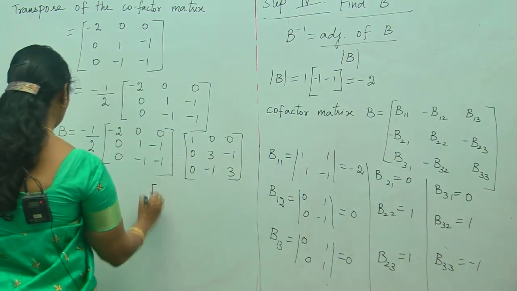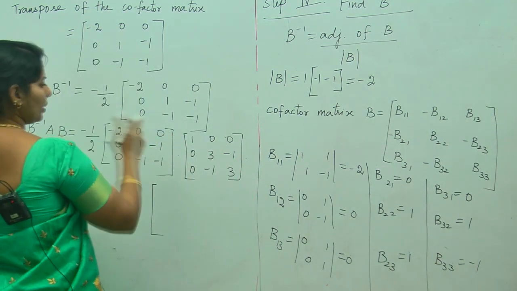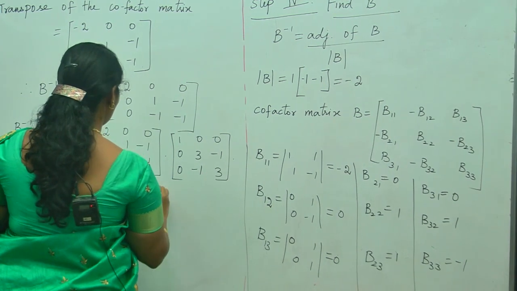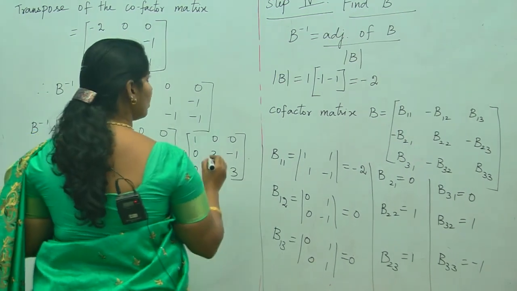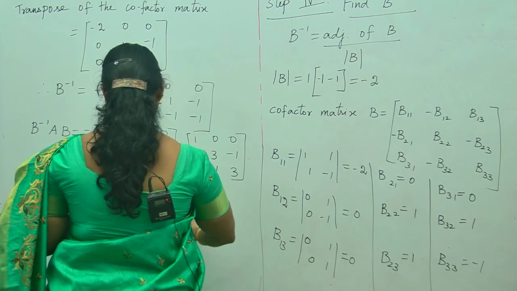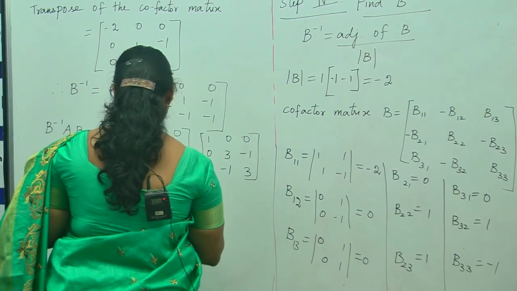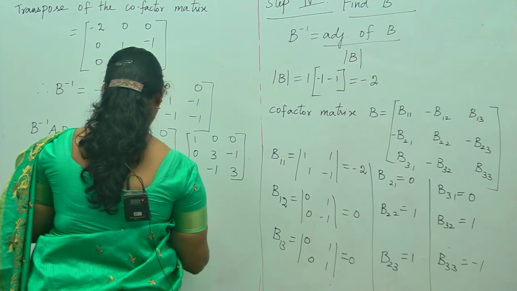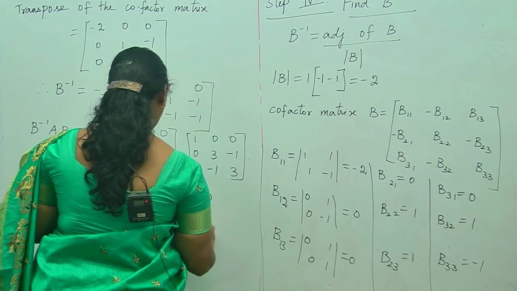Next the last matrix, the matrix B, that is 1, 0, 0, 0, 1, 1, 0, 1, minus 1.